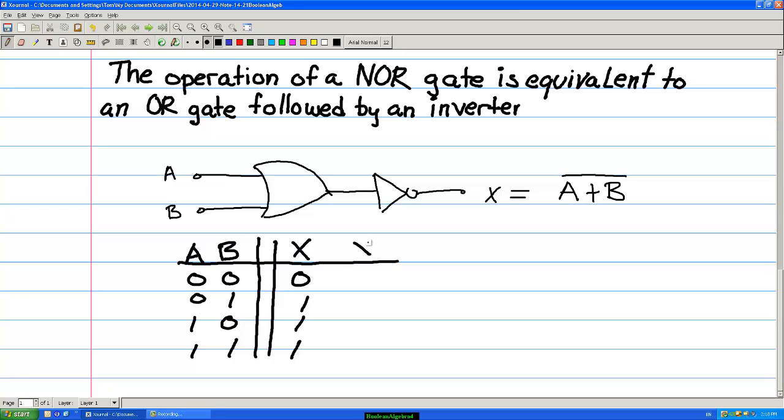And for X NOT would be 1, 0, 0, 0. So we see here that it's the complete opposite of an OR gate, where an OR gate produces a 1 when any of the inputs is a 1. The NOR gate produces a 0 when any input is a 1, and it produces a 1 when both inputs are 0.